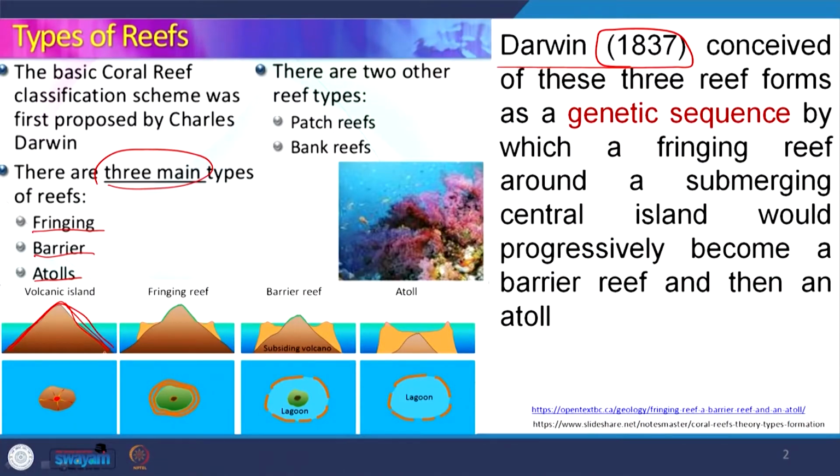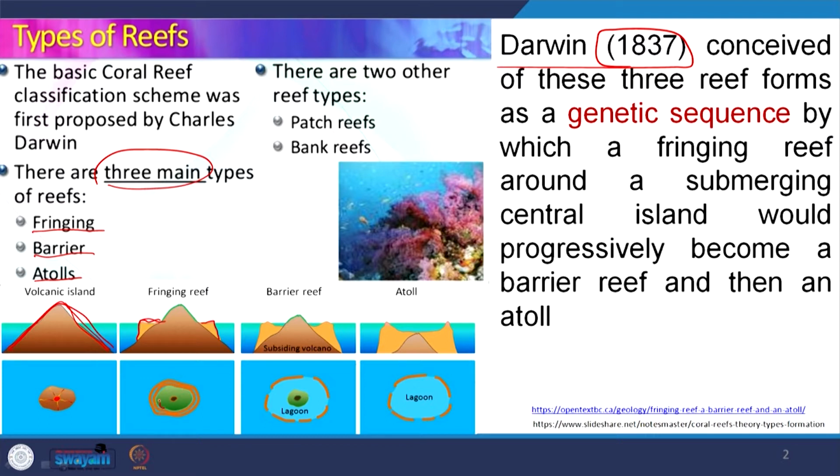So if we have a volcanic island, the region around it will have hot, warm water. Due to this warm water condition, there is growth of corals all around this volcanic island; in the cross section it appears on both sides.